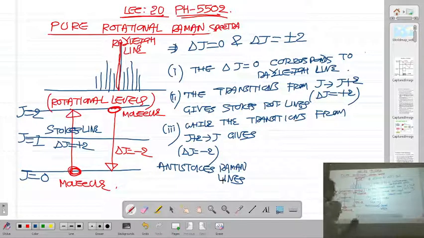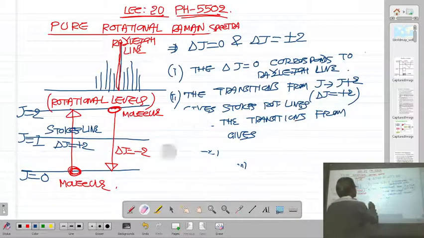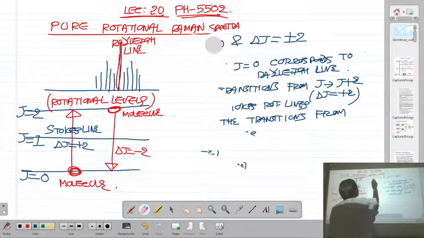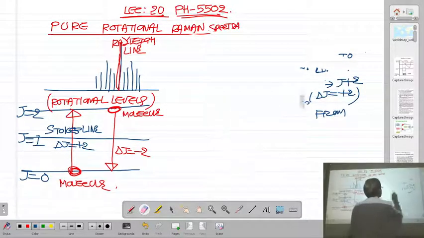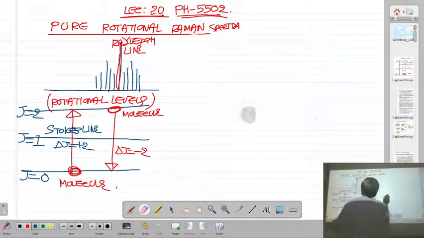Okay, so now we will obtain the wave number of these rotational Raman lines and then show the transitions.